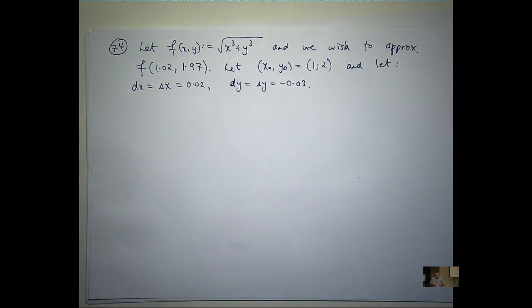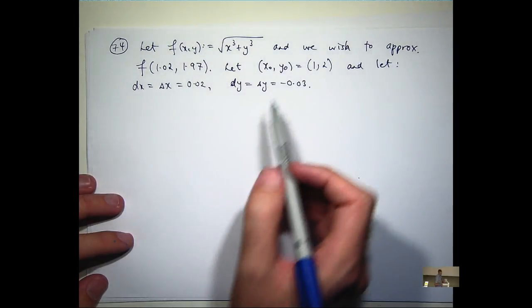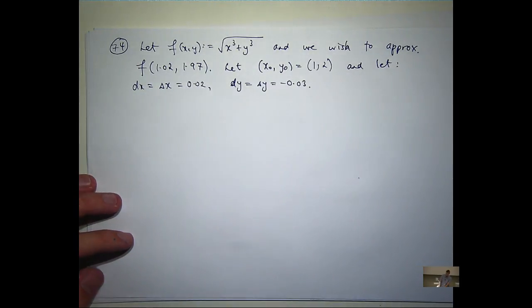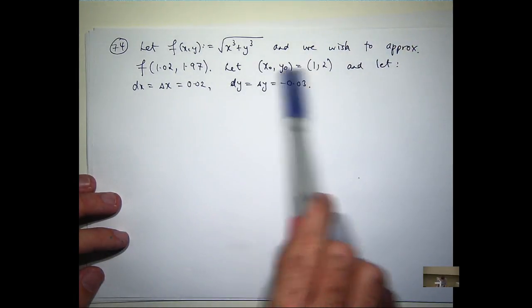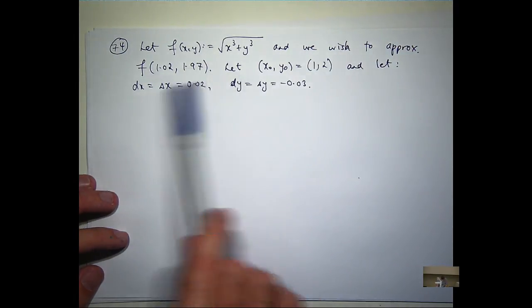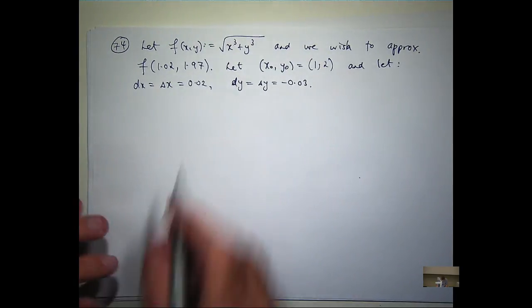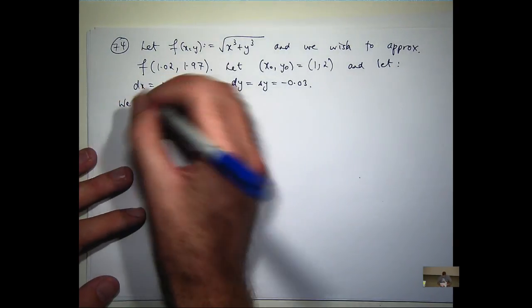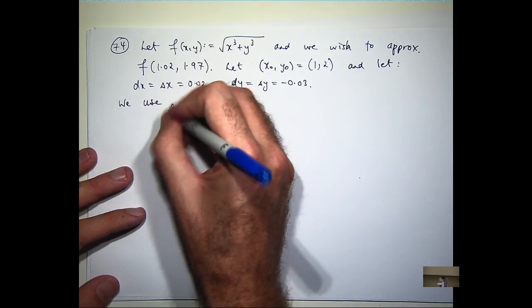Okay, so what we're doing here is these are small changes from these simple values. So we're going to use the simplicity of these values to approximate the value of f at these sort of nasty values.